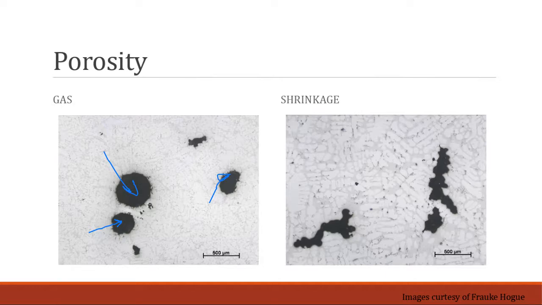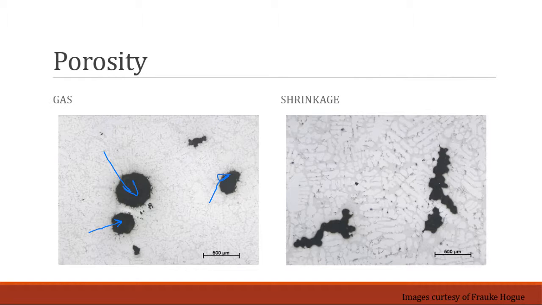The other two, if I'm looking at the image on the right, speaking of the dendritic structure, as you see what's revealed over here in the microstructure, the shrinkage porosity is just where there was not enough metal to fill all the void during solidification. So it's going to look finger-like.